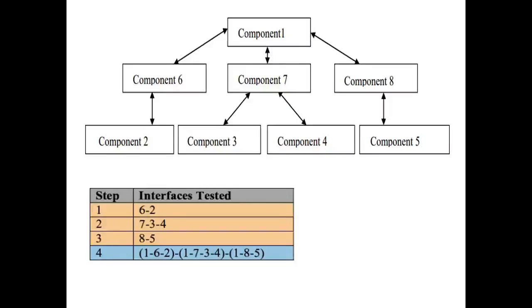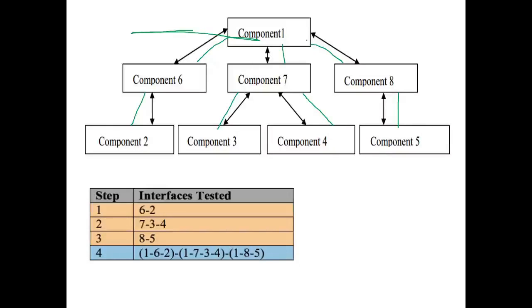See, this is how it is tested. If the bottom level modules are ready, then you can start testing from component 1 to component 6, component 1 to component 7, component 1 to component 8. If the bottom level modules are ready, then you can start testing from component 6 to 2, component 7 to 3, 7 to 4 and 8 to 5.